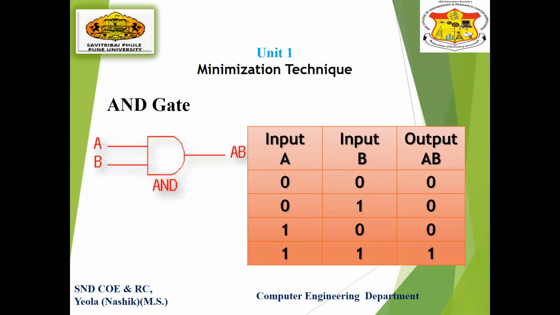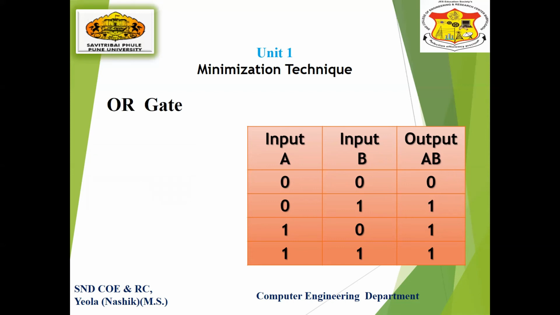Okay, next we have seen this particular symbol of your AND gate, having A and B as the inputs. We are operating AND over there, and the output should be A into B. So this is the symbol of your AND gate. Then we go for the OR gate. Along with that OR gate, there is a symbol, as A and B are your variables.